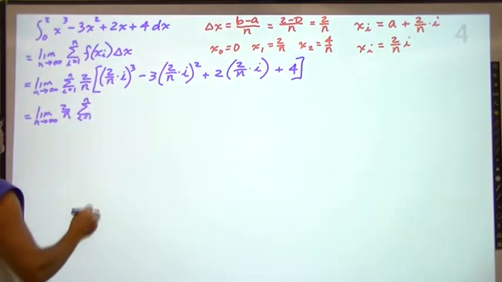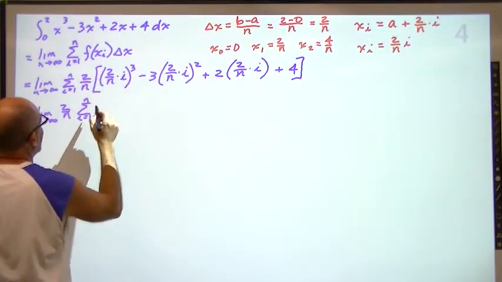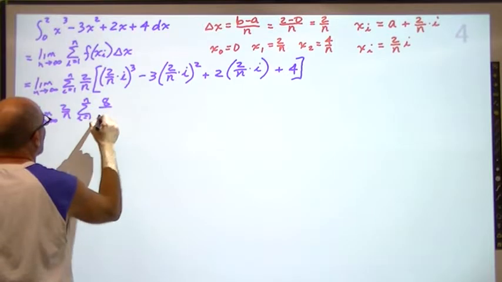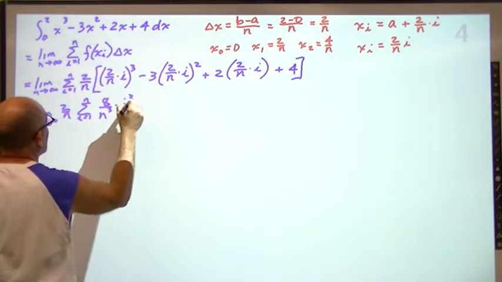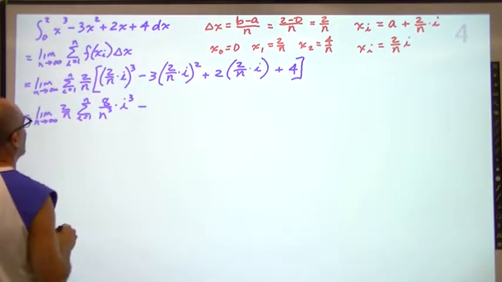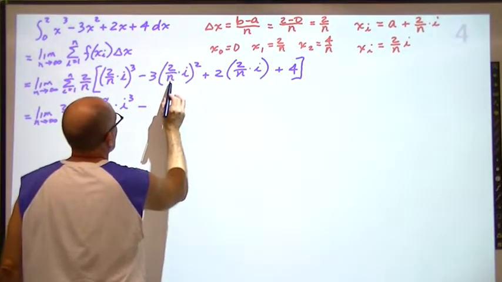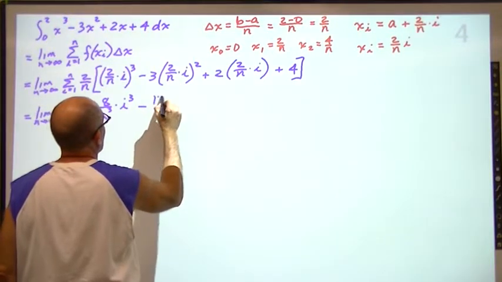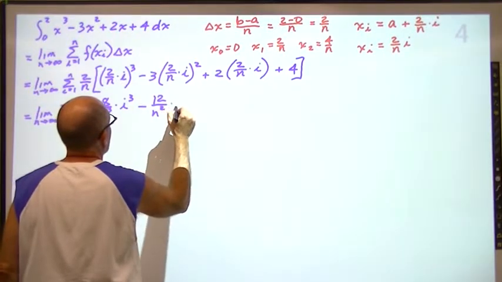So we've got 2 over n times i cubed, so that's 8 over n cubed times i cubed, minus, this is going to be 4 over n squared times i squared, so 4 times 3 is 12 over n squared times i squared.